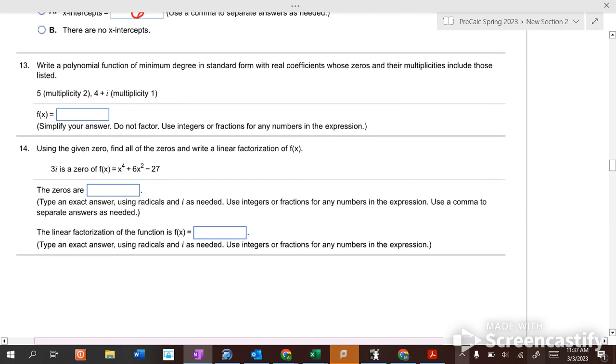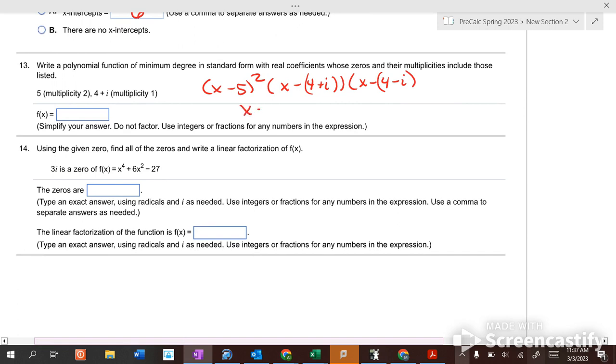Okay? 5 has a multiplicity of 2, so it's (x minus 5) squared. 4 plus i has a multiplicity of 1, so it's x minus (4 plus i). And the other root is x minus (4 minus i).